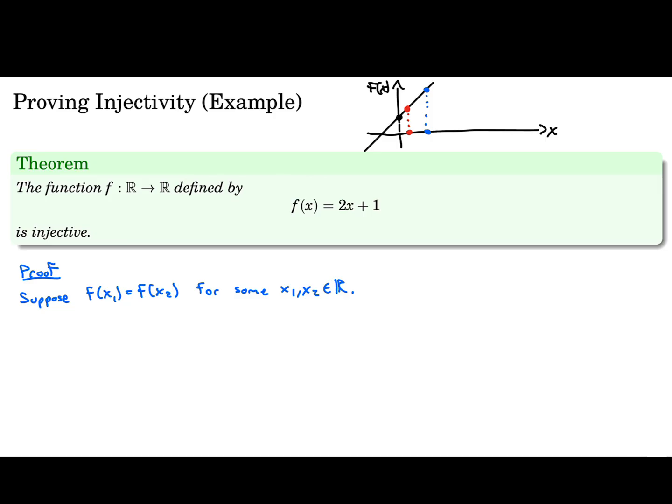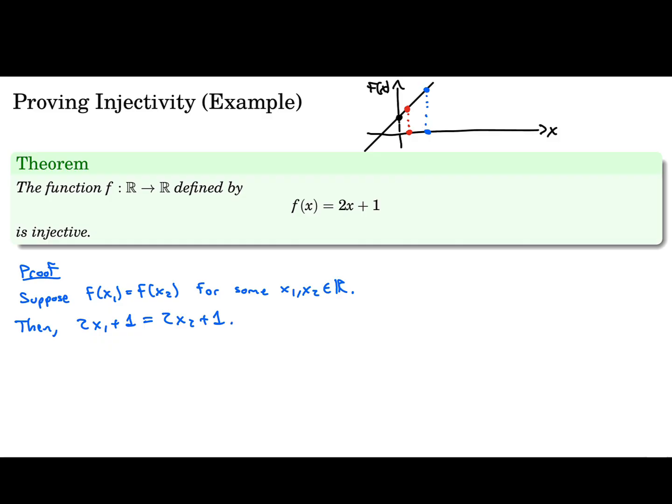So what does this mean? Then we have that 2x1 plus 1, the value of f(x1), is equal to f(x2), which is 2x2 plus 1.